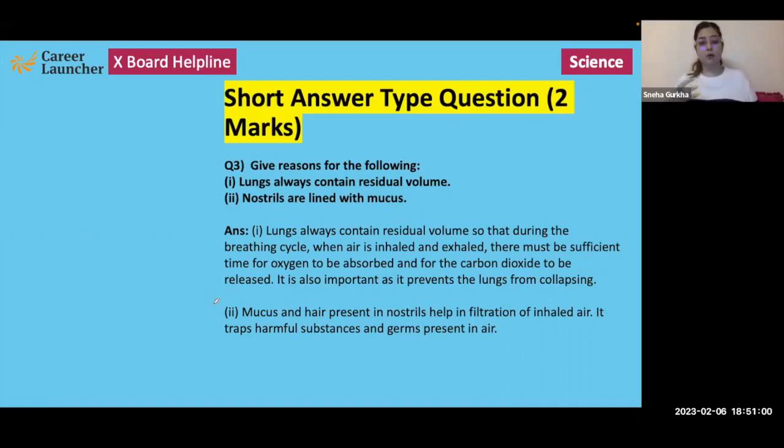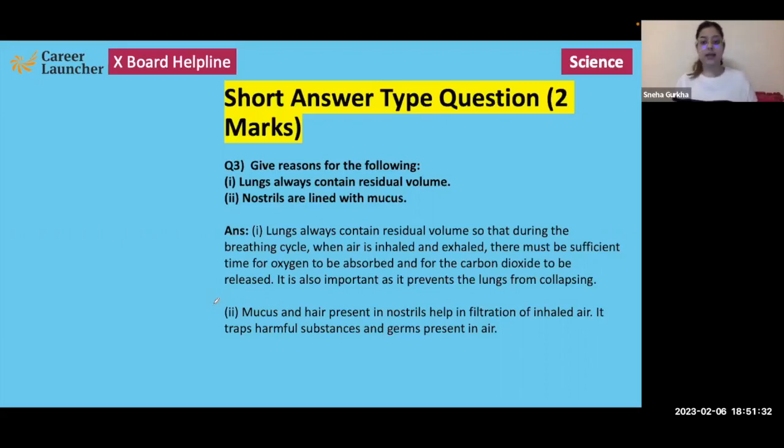There is some amount of air that is always present in the lungs, and that volume of air is known as the residual volume. So first, it is important for us to understand what residual volume is. Why is residual volume required, or what are the advantages of residual volume?